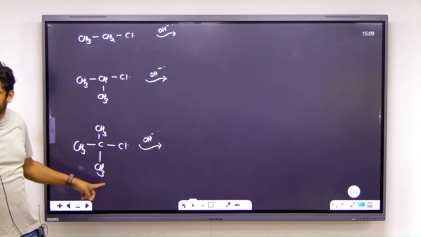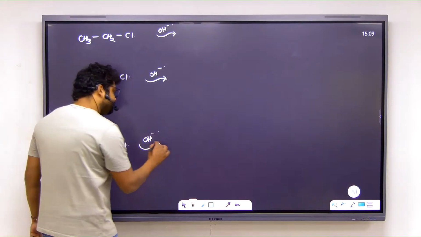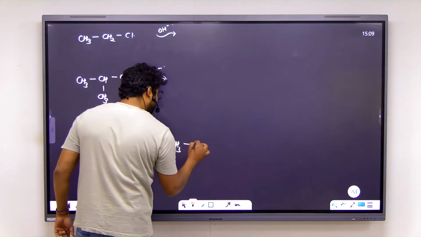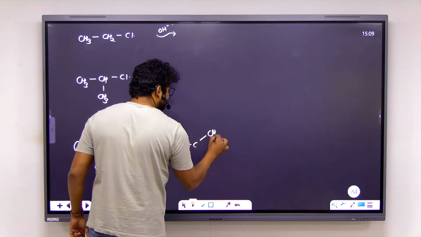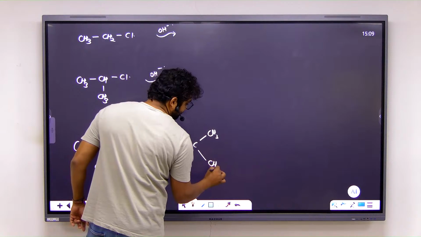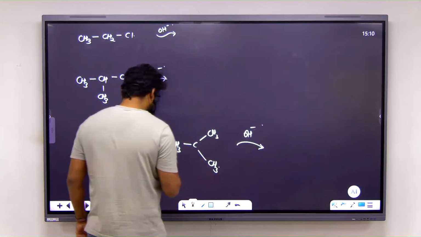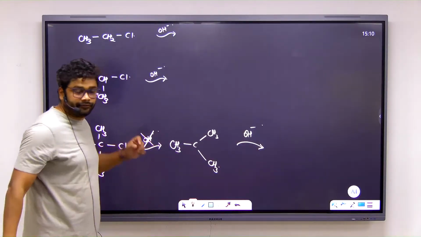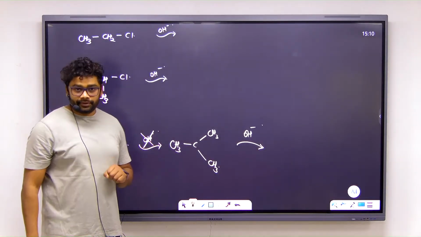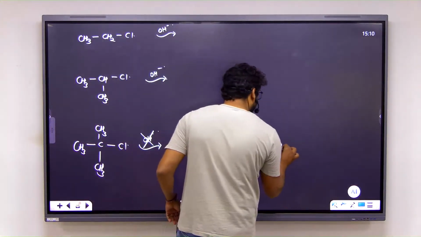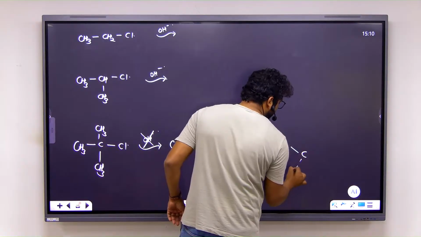Primary, secondary, or tertiary? Tertiary. Tertiary will form the carbocation first. And then there is an attack of what? OH minus. There is no need of OH at the first step. Okay. And you will get what you want, that is your alcohol.